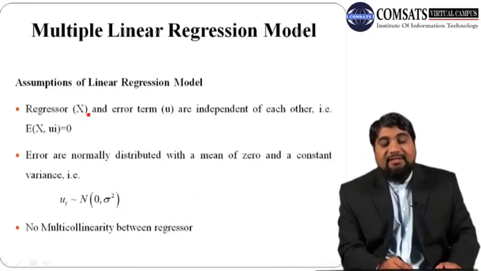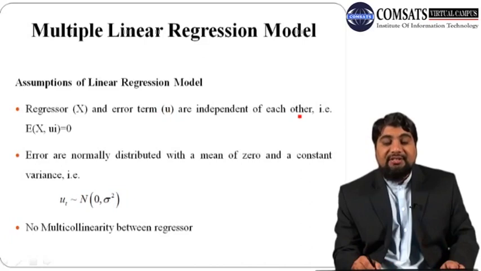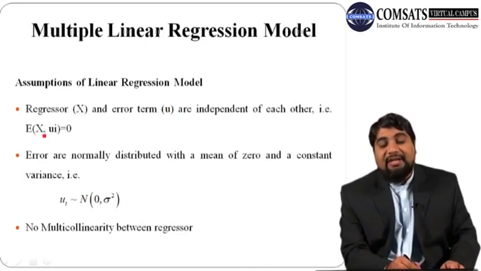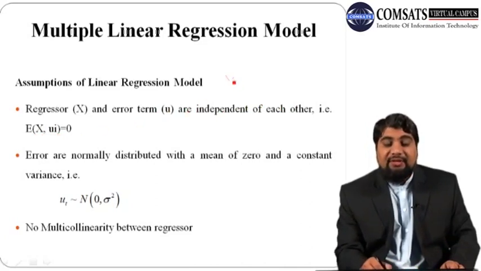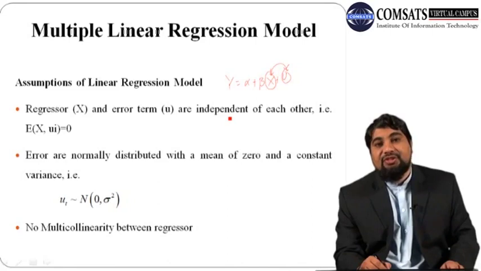So next assumption is that the regressor x and error term must be independent of each other. So again expected value of x and ui must be 0. So if we have this regression model alpha plus beta x plus u, then there should be no link between this regressor and this error term. So they must be independent of each other.